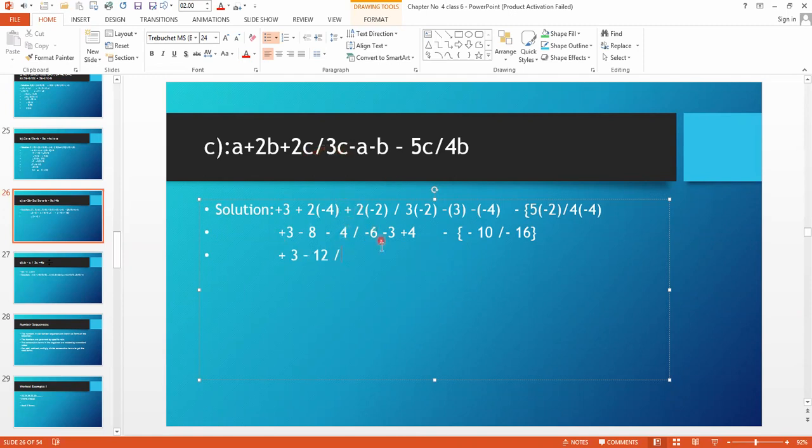Okay, and they have the same sign. -6, -3, it is equal to -9. And this one is +4. Okay. Now we move towards the second part, that is minus. And look here, curly bracket. Minus into minus, it is equal to plus, and it is equal to 10 over 16.